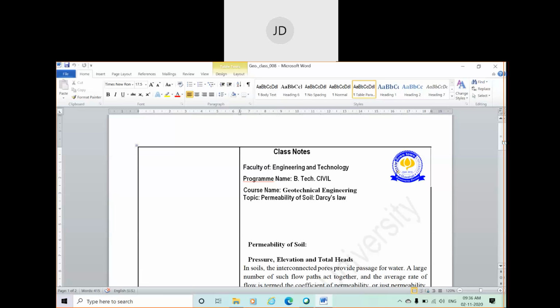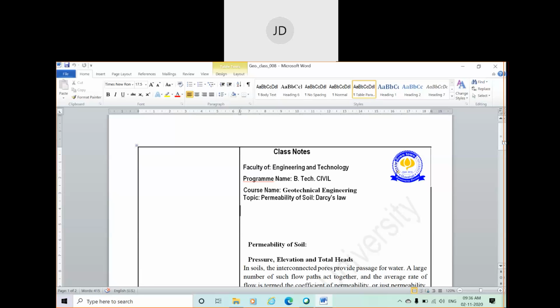If your table is completely horizontal with the ground surface, completely leveled, then the water will stay there only. Now if you tilt your table in any direction, then what will happen? The water will flow in that particular direction.